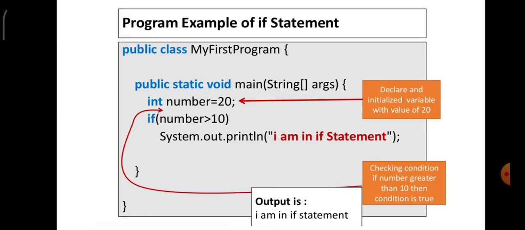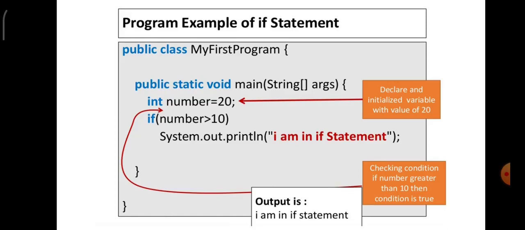If 20 greater than 10, the condition holds good because 20 is greater than 10. So since the condition is true, it is going to print I am in if statement as it is given below in the system.out.println statement. As you are quite aware, whatever is given within double quotes will be printed.